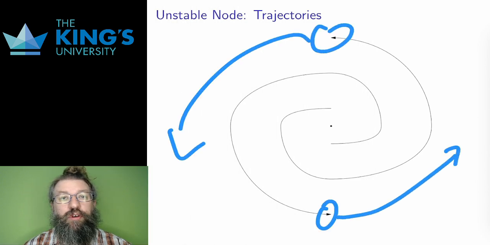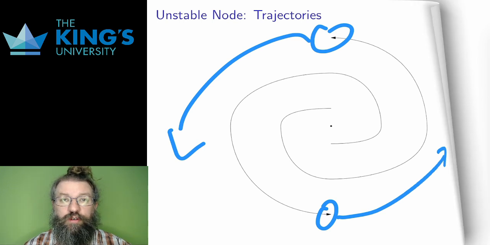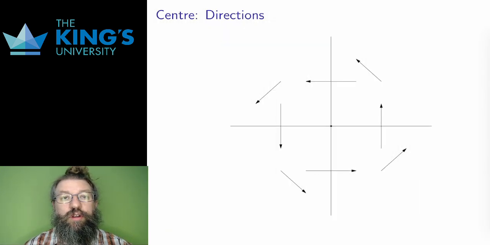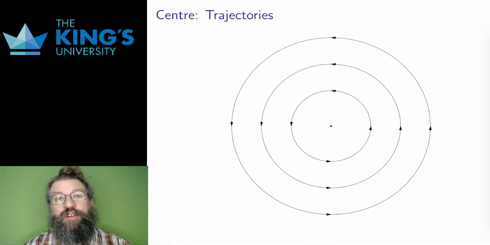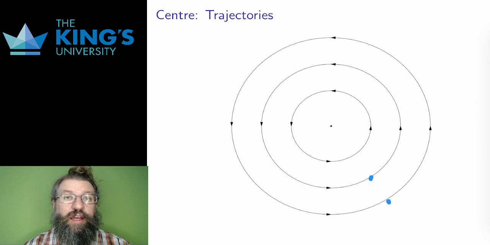And the last behavior is the situation where all of these directions are sort of tangential. And this is called a center. This is a situation where it's neither going towards or away from the steady state, but it's in perfect orbit around the steady state. And orbit is a good word because sometimes if you want to talk about differential equations that describe planetary motion, you can do it in exactly this way, and hopefully you should get centers.